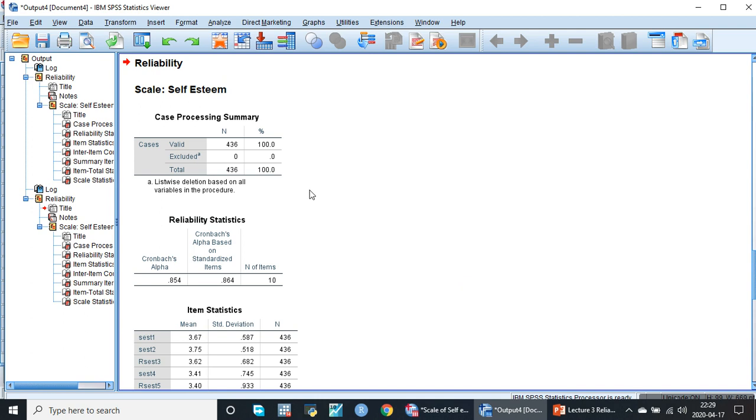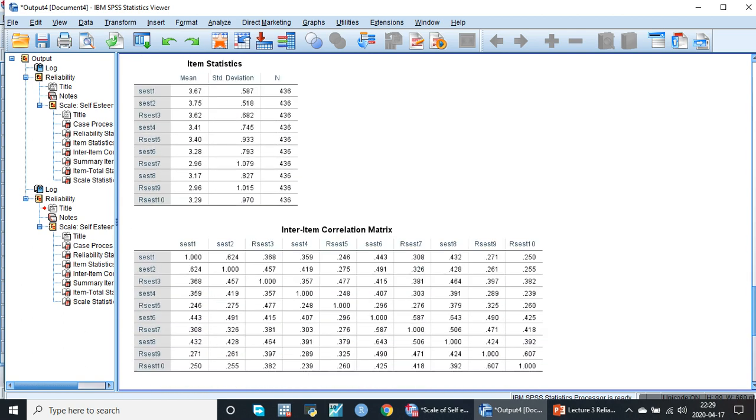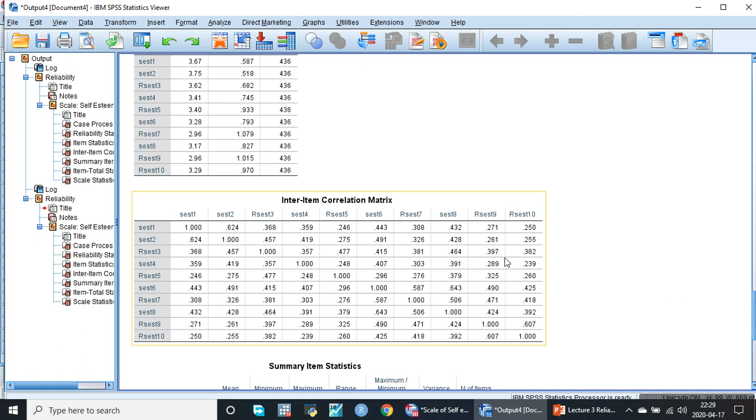Now these are the results of the self-esteem. Now look at the value of Cronbach's alpha. Now it is 0.85, which is greater than 0.7. It means that it is most desirable. And now if we look at the inter-item correlation, all of the negative values are converted into positive.